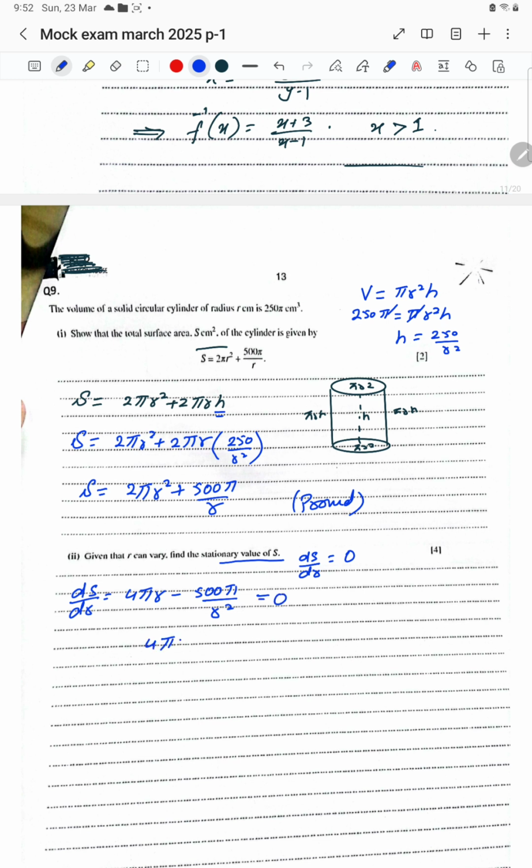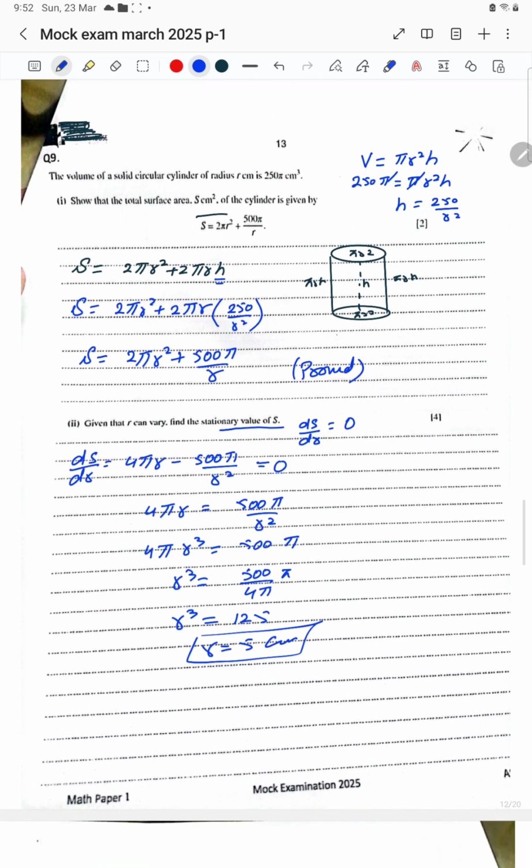So 4 pi r is equal to 500 pi by r square. So cross multiply, we get 4 pi r cube is equal to 500 pi. So r cube will be 500 divided by 4, pi cancelled, and after cancellation we get r cube is equal to 125. So r is equal to 5, in centimeter.